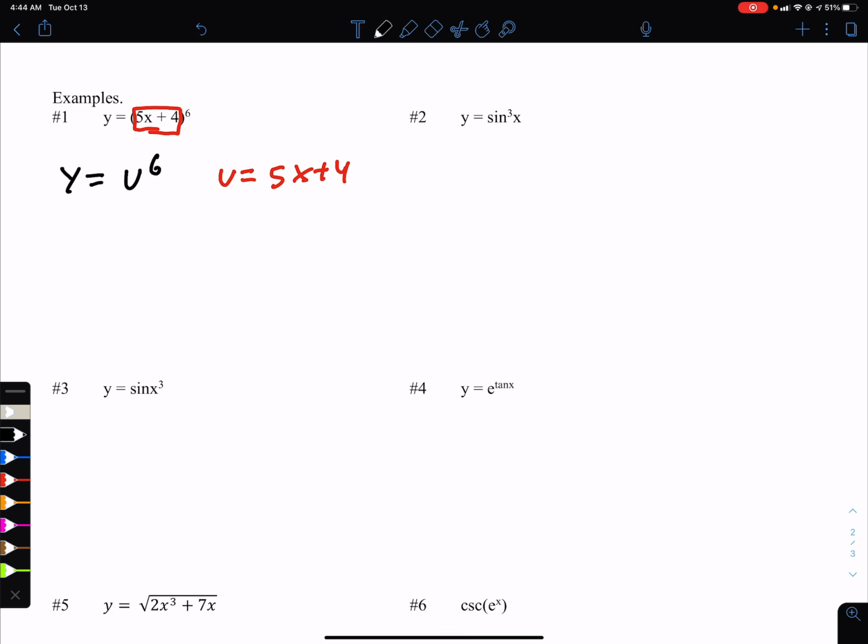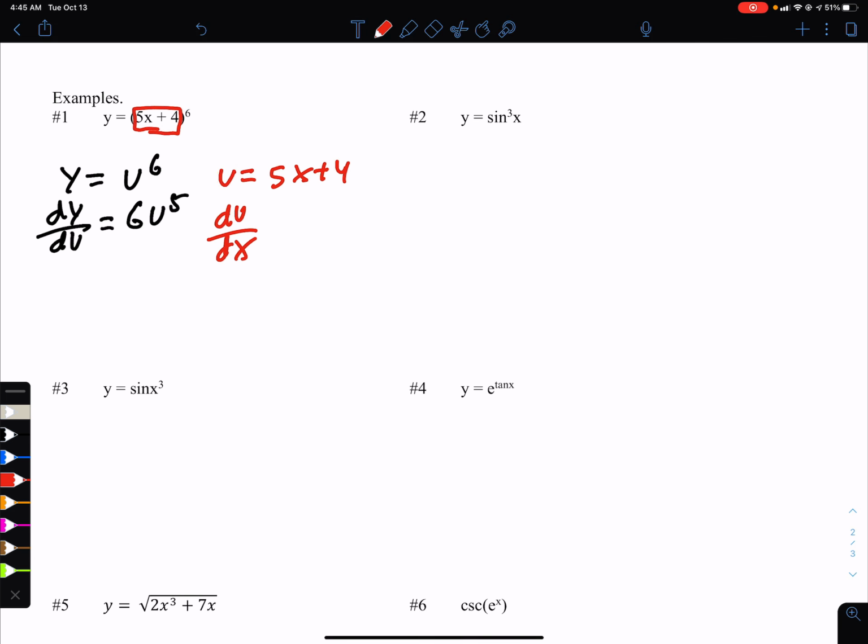Let's keep going here. So I'm able to find the change in y with respect to u. And you have to realize u is our variable now, so it's going to be with respect to u. And that's going to be 6u to the 5th. So we use our power rule. The 6 comes in front, decreases 6 by 1. That's dy du. Then, if you look at this one, we can find du dx because our function's u and our variable's x.